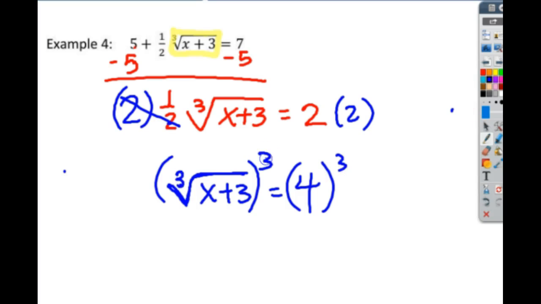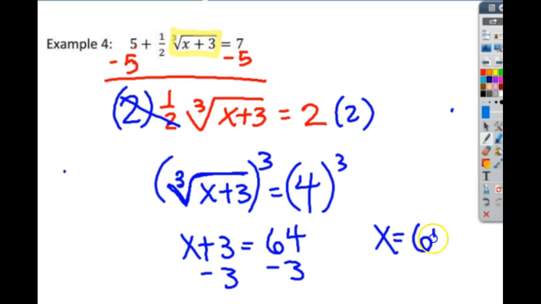The radical and the 3 cancel each other out. Subtract 3 from both sides, and x equals 261. Checking is nice, but it's not required when you're raising something to the 3rd power.